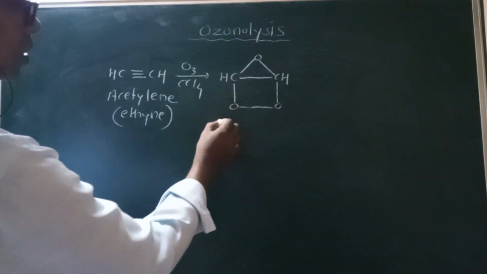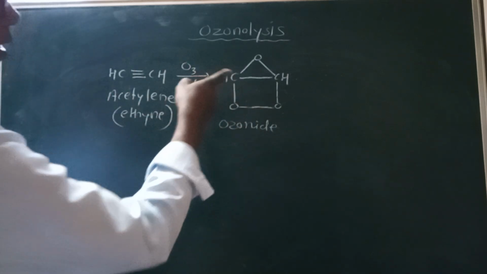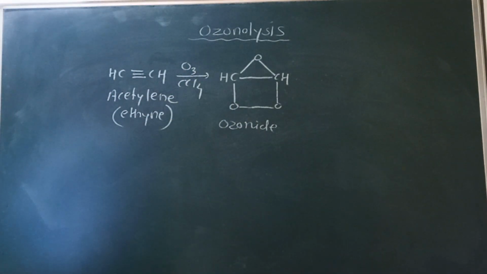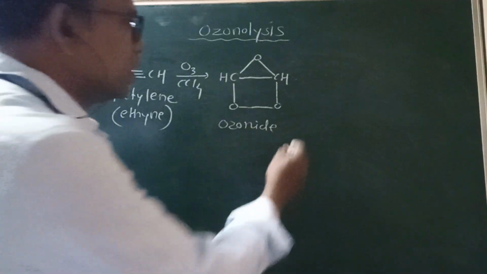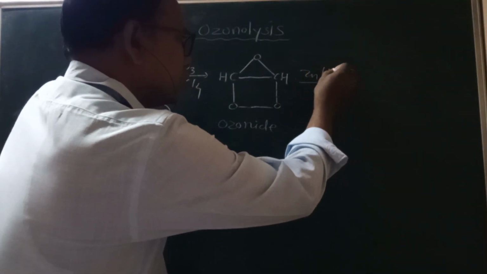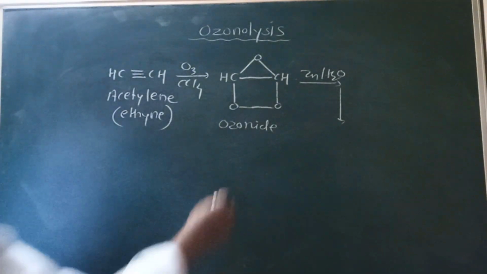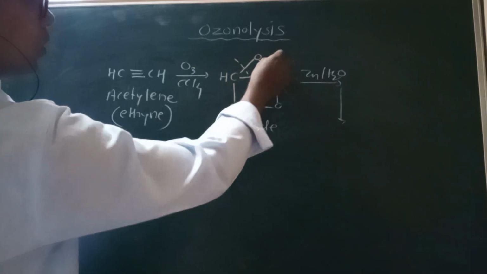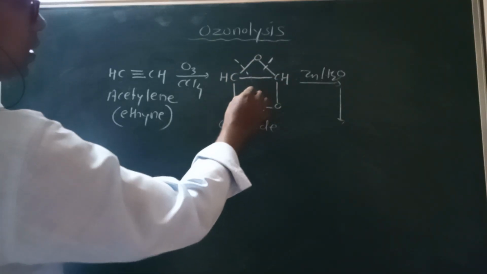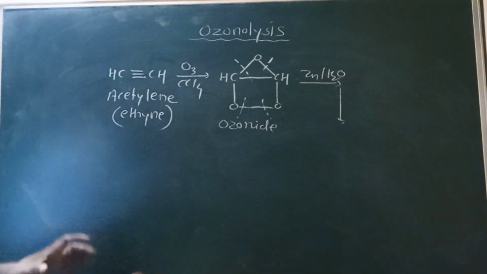So here is the structure of ozonide in the case of alkynes. Alkynes on ozonolysis, once again like alkenes, give ozonide, which on decomposition or reductive cleavage using Zn and H2O gives us, yes, tell me what will happen? This C-O bond, this C-O bond, and this O-O bond undergo cleavage, but this C-C bond remains as it is.